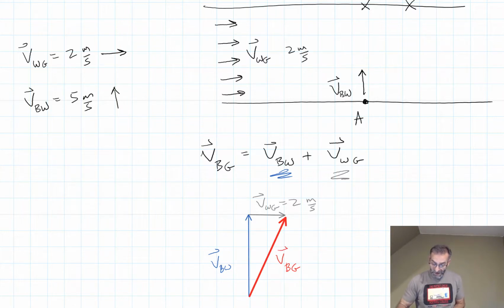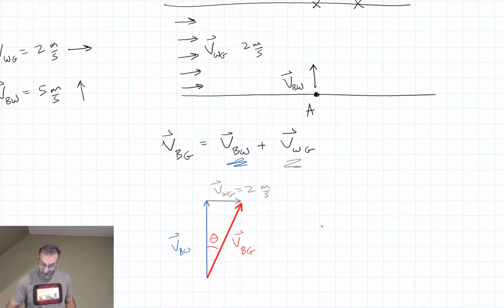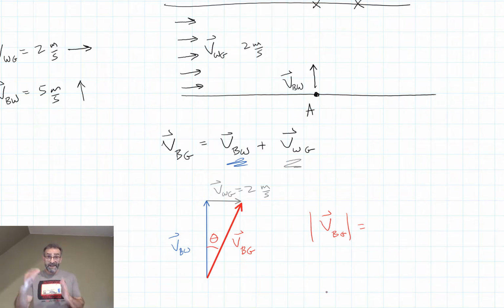So we need to know the magnitude of that vector, and we need to know some angle, some orientation, some direction. So I'll measure the angle theta there. I just draw a picture and measure it so I know exactly what it is. V_BG, magnitude. Now we picked vectors that were orthogonal to each other, so we know we have a right triangle here.